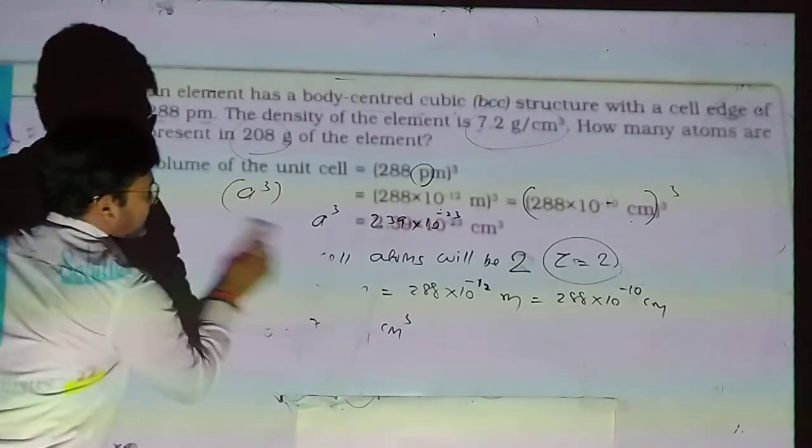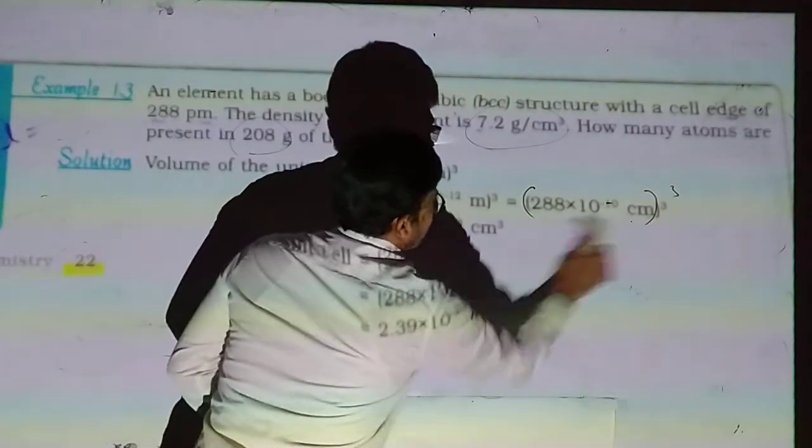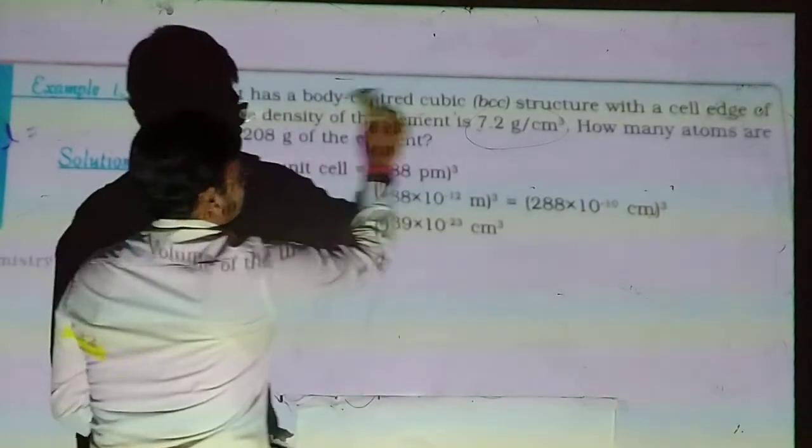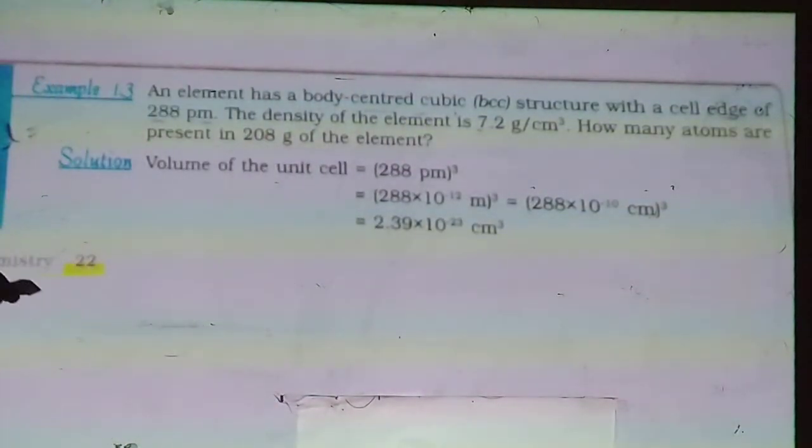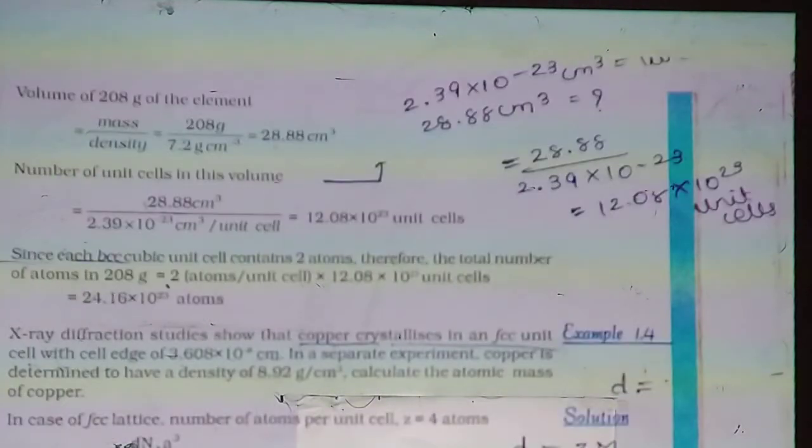Now, volume of the unit cell is given already. Now, volume of 208 gram of the element with the help of density, because density is given.